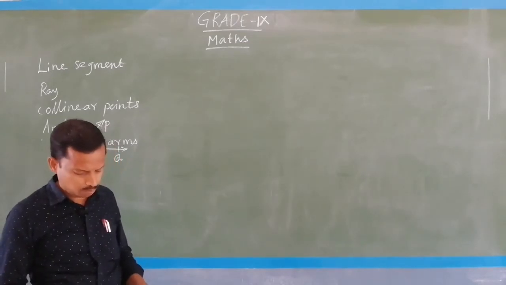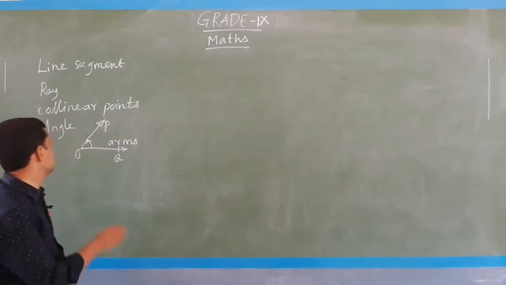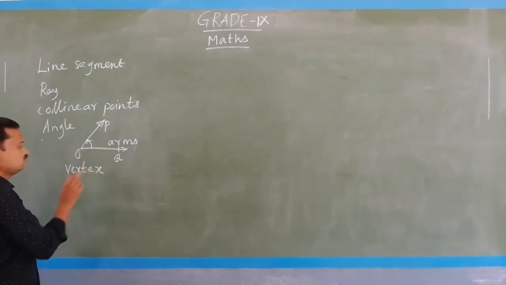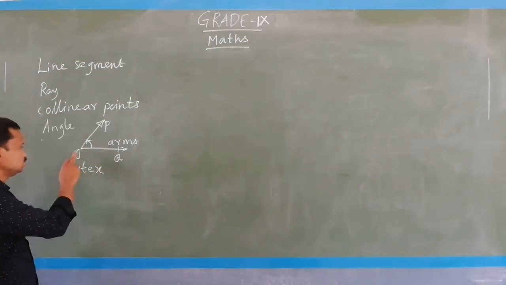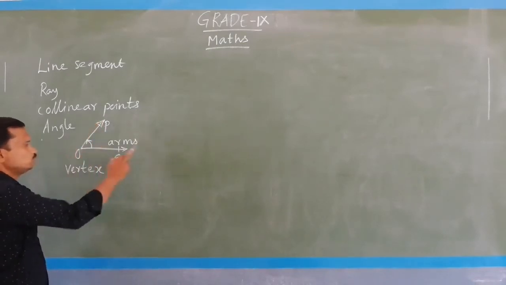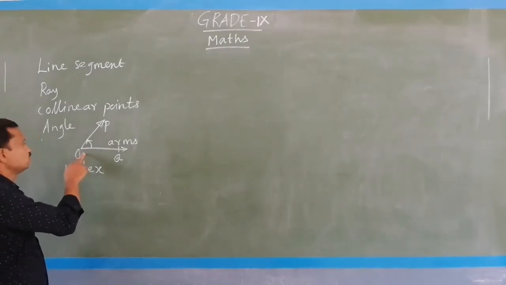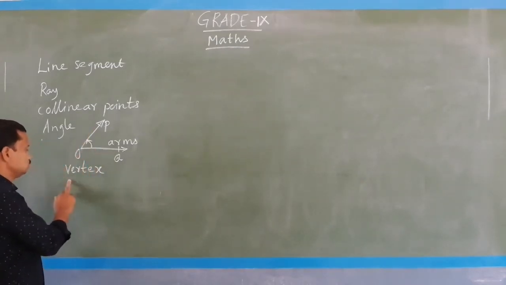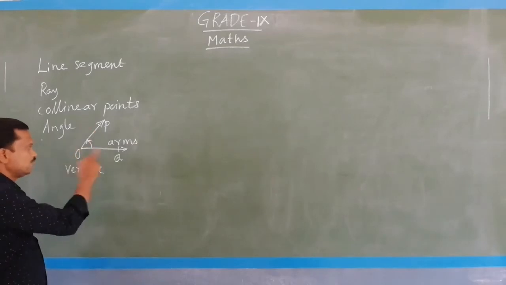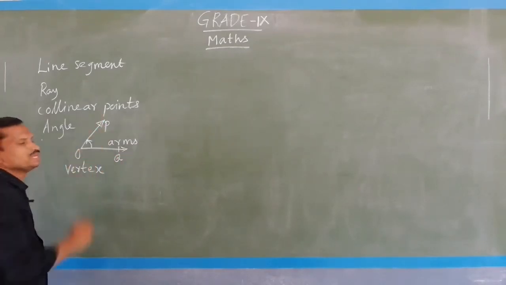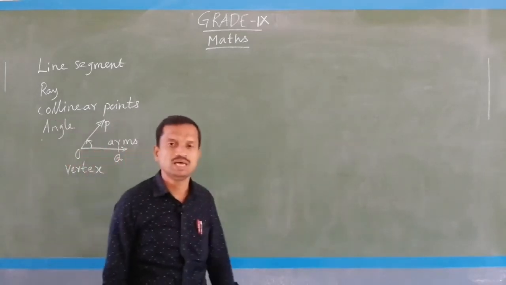And the endpoint is called the vertex of the angle. This endpoint O is called the vertex of the angle, the common endpoint of these two rays. So in this angle, O is called the vertex and OQ, OP are called arms of the angle.